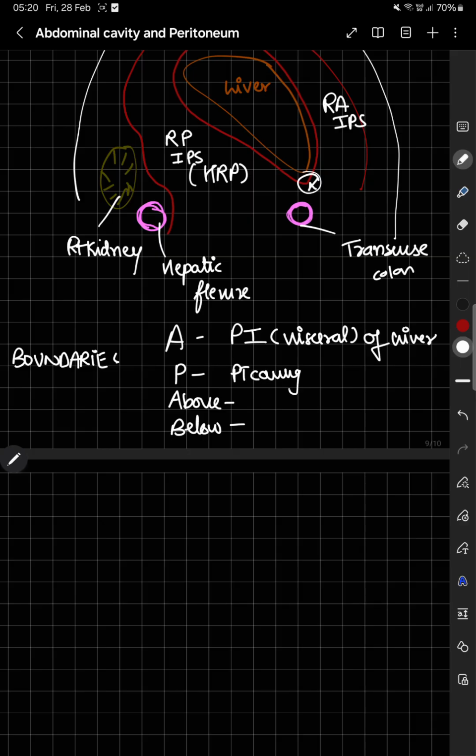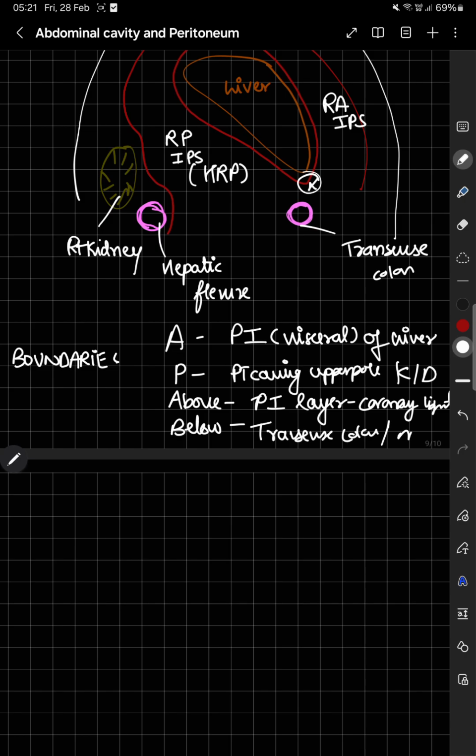Above we have the posterior inferior layer of the coronary ligament. So this coronary ligament is basically associated with liver, nothing to worry. And below we have the transverse colon and mesocolon.